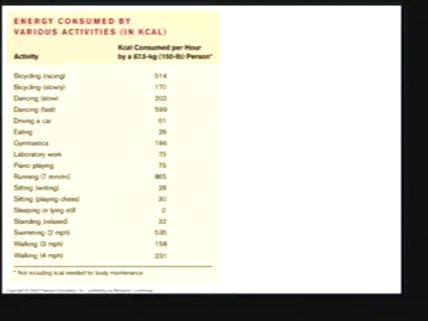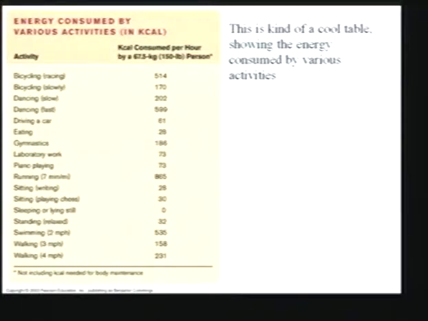I kind of like this table. This is kind of a neat table. It shows the energy that's consumed by various activities. This does not include what we call basal metabolism. While you're sitting there passively, you're using a fair amount of energy.